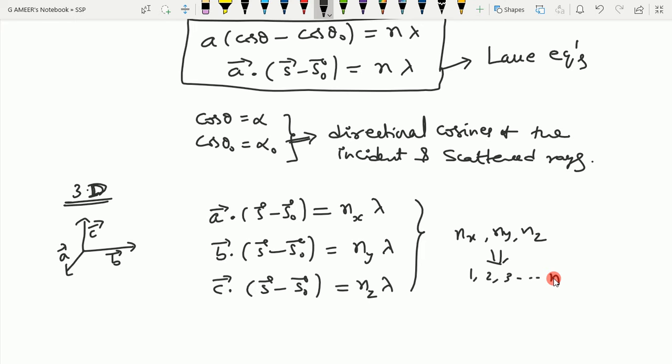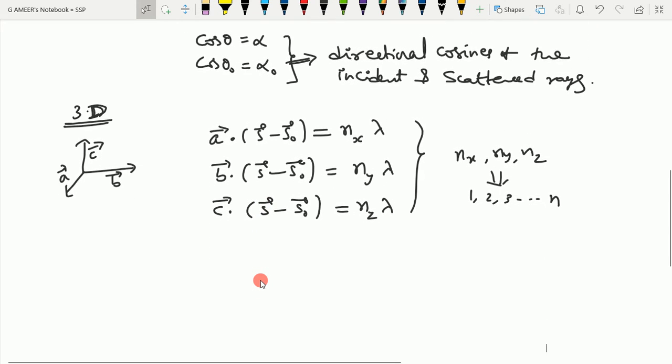Okay, fine. As usual here also there are the direction cosines. Along the x direction the direction cosine is alpha, along y direction beta, and along z direction gamma.